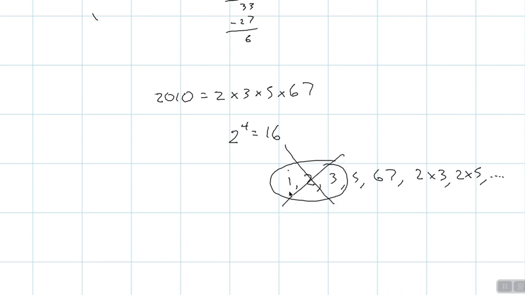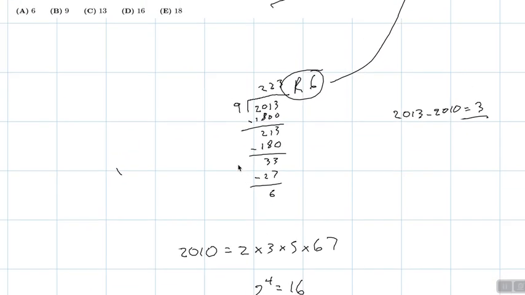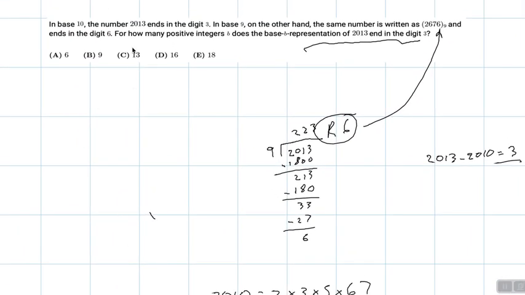So we can exclude these 3 from that 16. So actually, the number of base b representations that exist, where all these others will work, is going to be 16 minus 3, which is 13. So the answer is choice C.